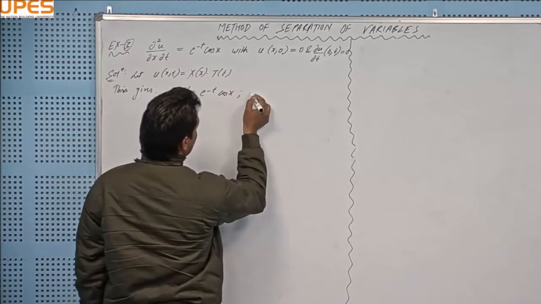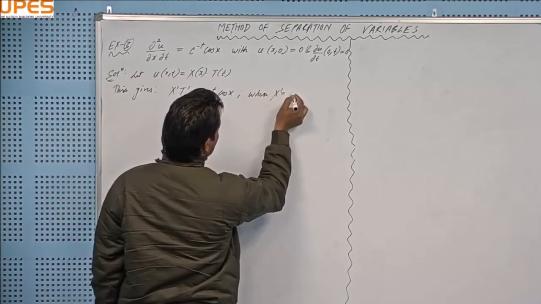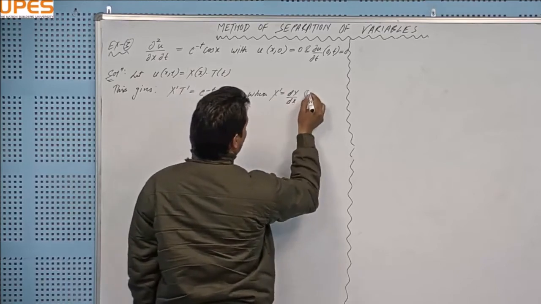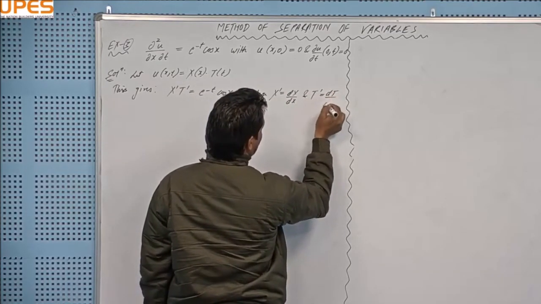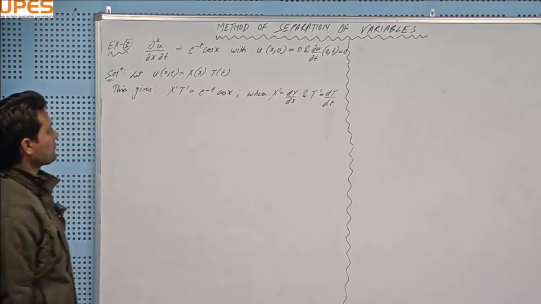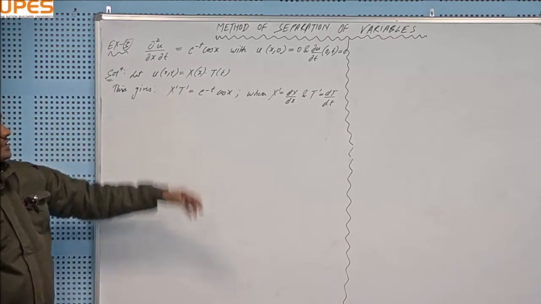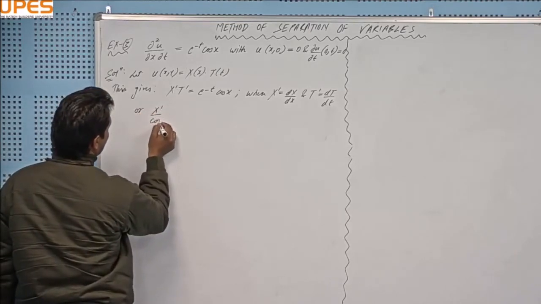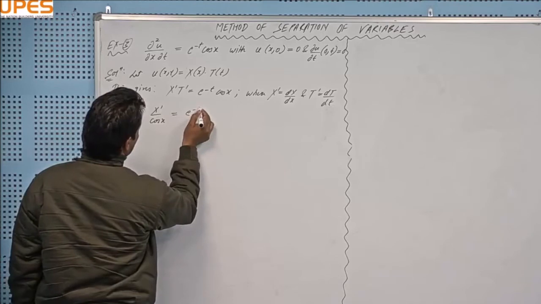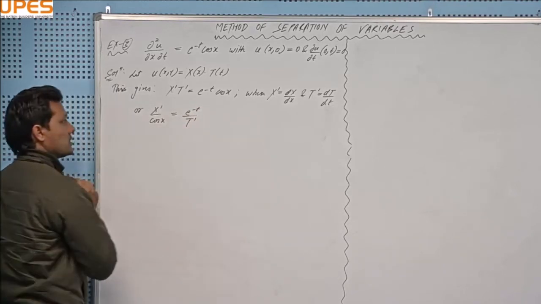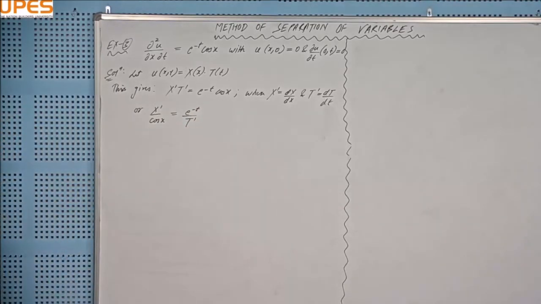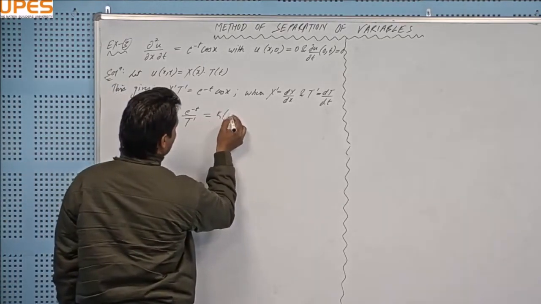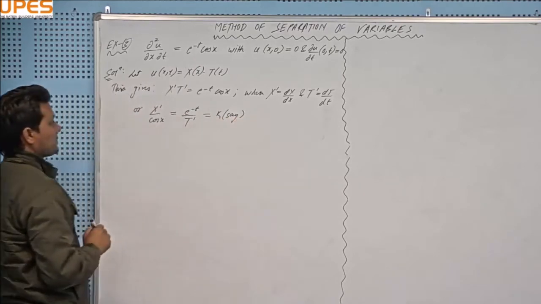And let me write what is my X dash, that is dX by dx, and T dash is equal to dT by dt. And trying to separate the x and t, I will get X dash upon cos x is equal to e to the power minus t upon T dash. Fine. And let me take them equal to my separation constant, say k.